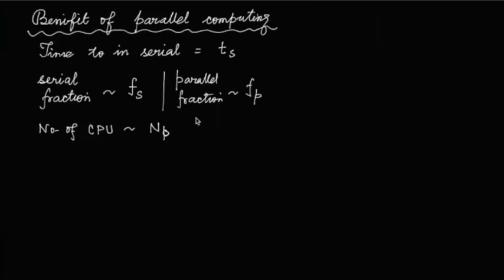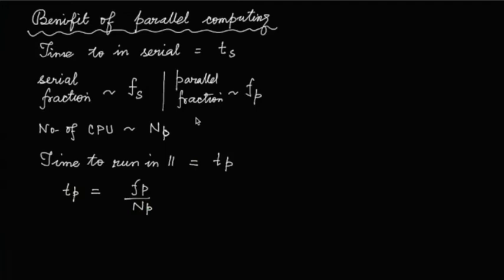And then you have the number of CPUs, NP. Now, how much time will it take to run in parallel mode? If I call the time to run in parallel TP, then the parallel fraction FP can now run on NP CPUs, so that takes only FP by NP of the time.